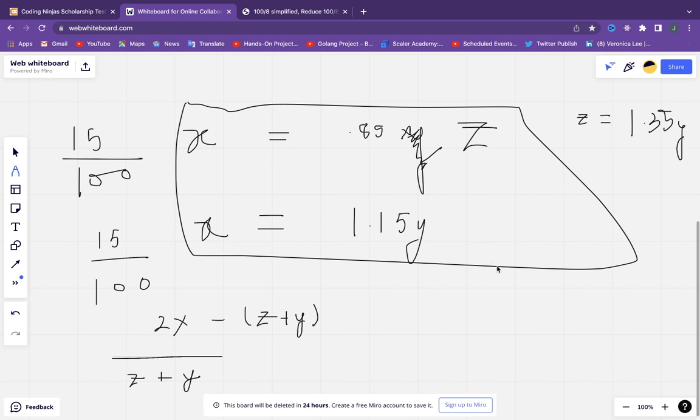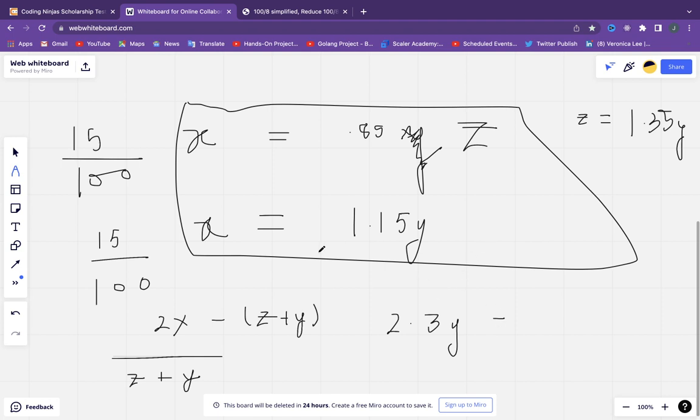Okay, so 1.35 Y, and now converting everything into Y. So 1.15 into 2 would make 2.3. So 2.3 Y minus 1.35 Y and minus 1 Y. So minus 2.35.